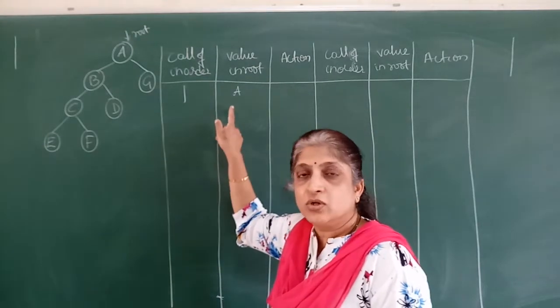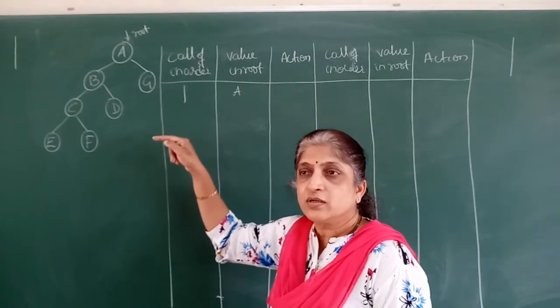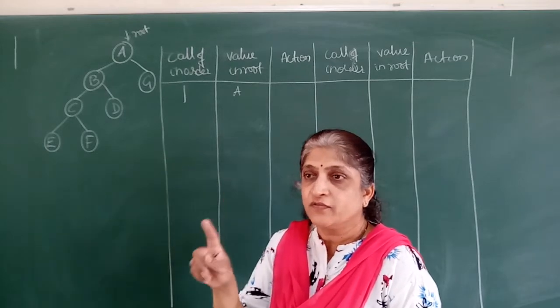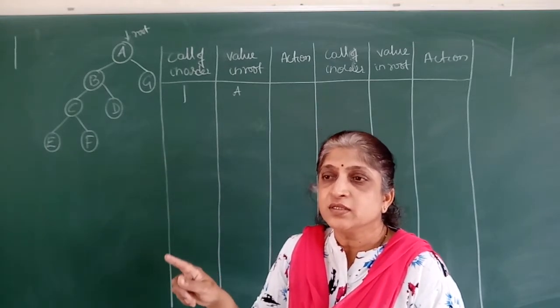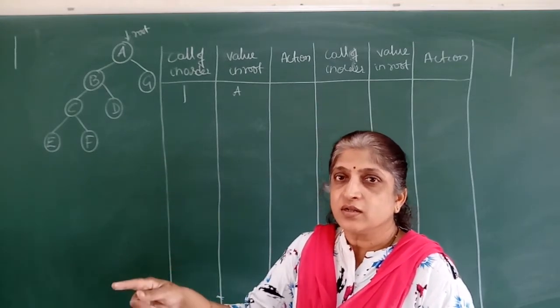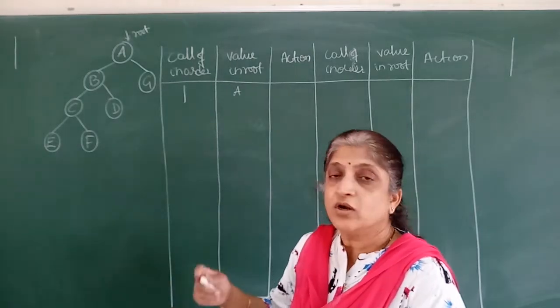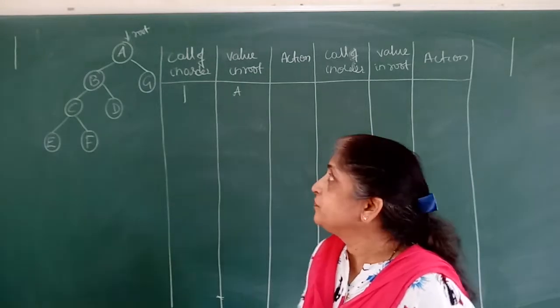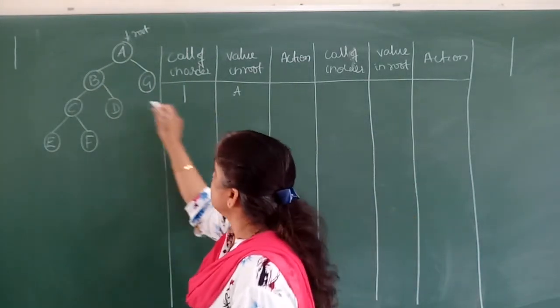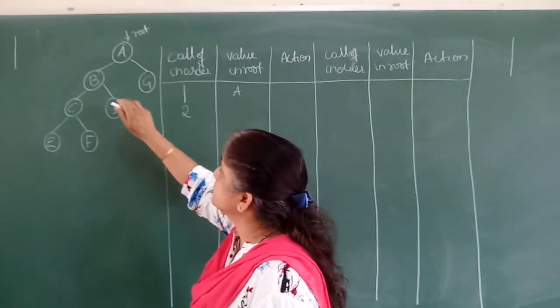Since root is not equal to null, control enters the if block. We call the in-order function by passing the left child. Now there is another call, call number 2.